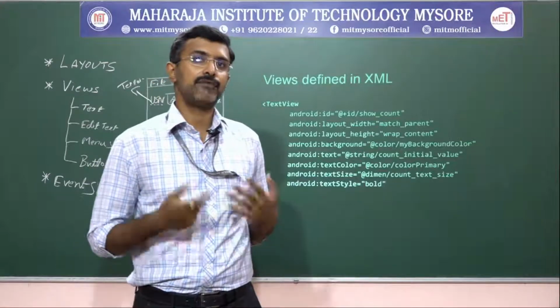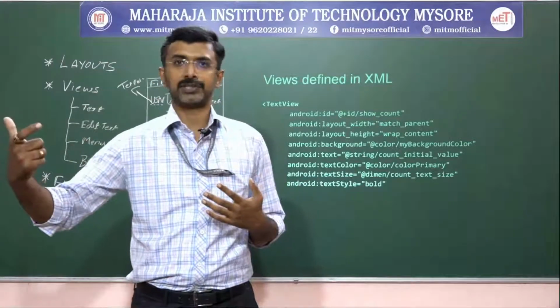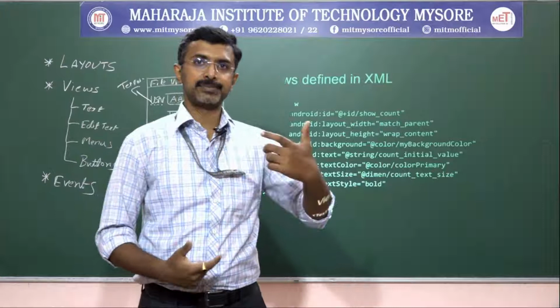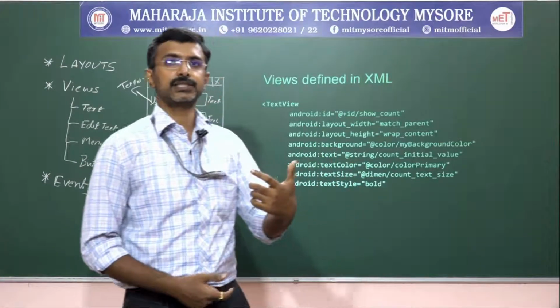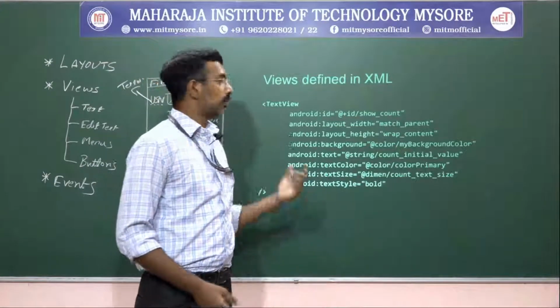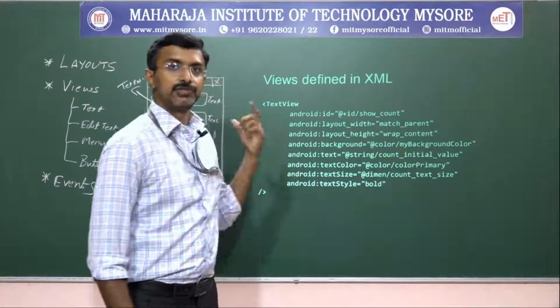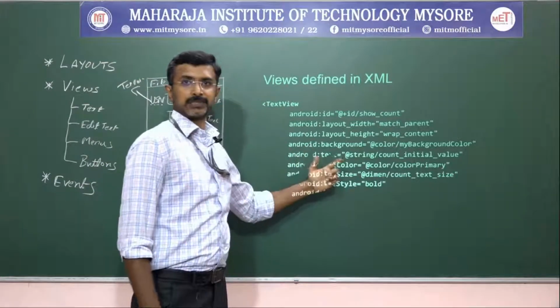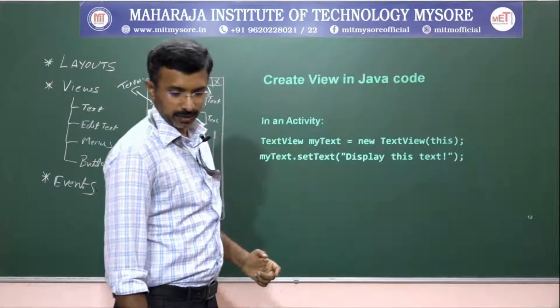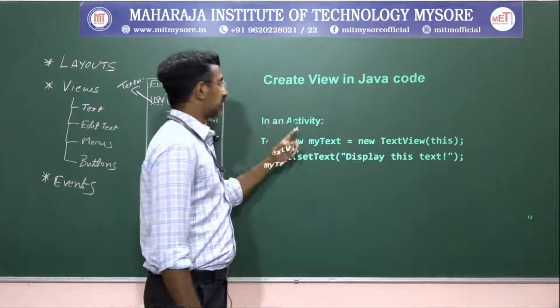Which means a view has a visual representation, a view has an XML representation, and a view can also be accessed using Java code. Previously, what we saw was a visual representation of a view. Then we saw the XML representation, and now we are going to see a Java code representation of a view.